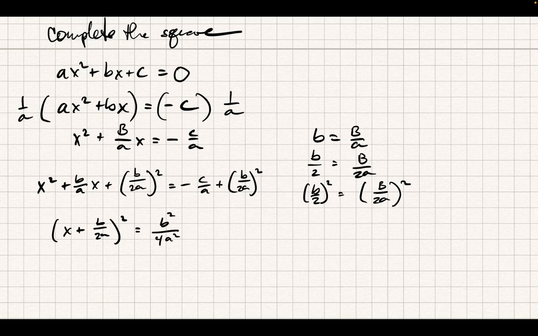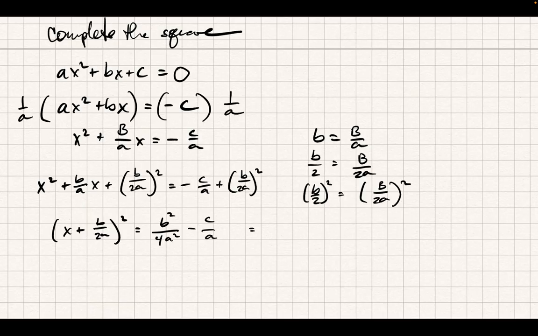And then it's that minus c over a, right? I need a common denominator to combine these. Multiply by 4a.